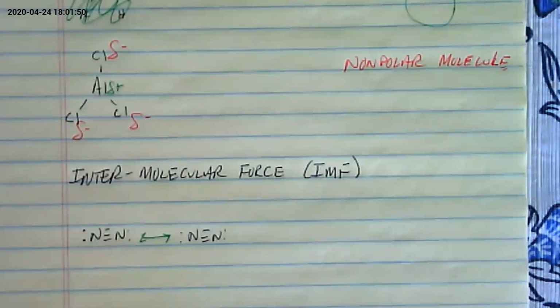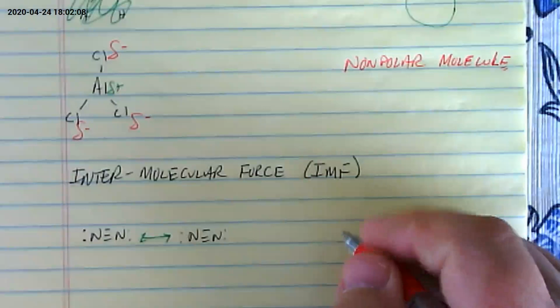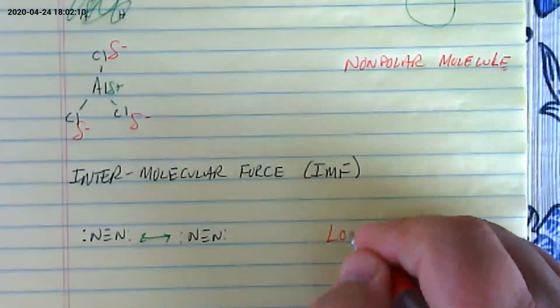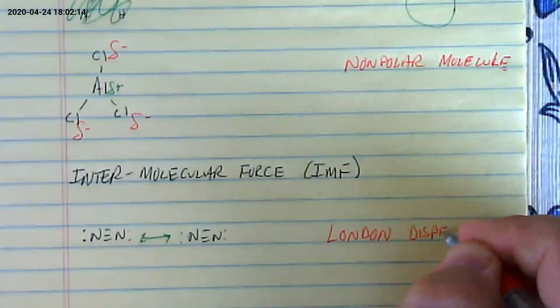Which should make sense, because what does nitrogen normally exist as? It exists as a gas. Gases, if you remember, are molecules that are far apart. And the reason they're far apart is because they don't really have any attraction for each other at all. However, they do have one small, weak kind of attraction called London dispersion.